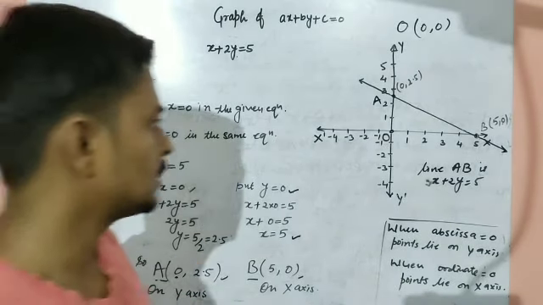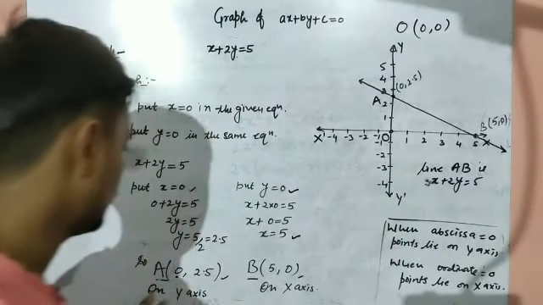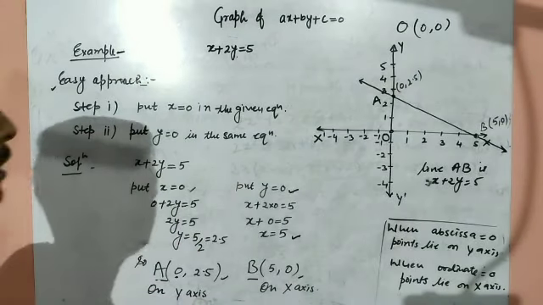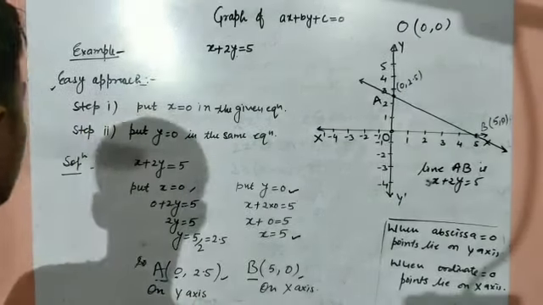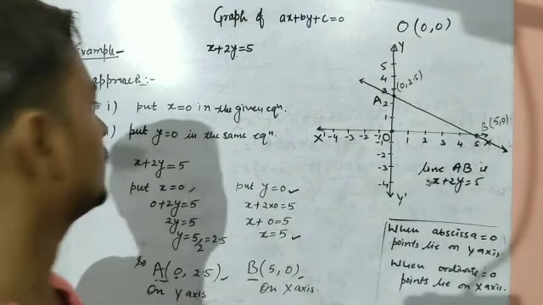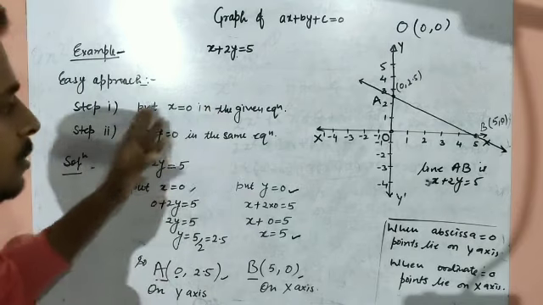For your convenience, we can take one more example. Before that, you can take this screenshot and note this point also for your memory. So one minute and note this. After that, we will take another example by this approach.